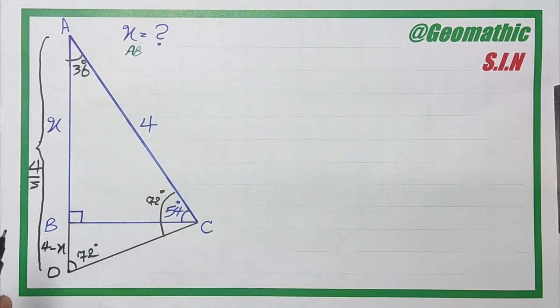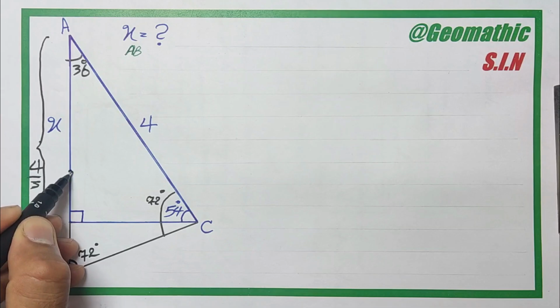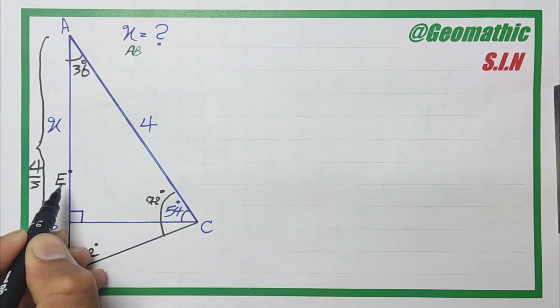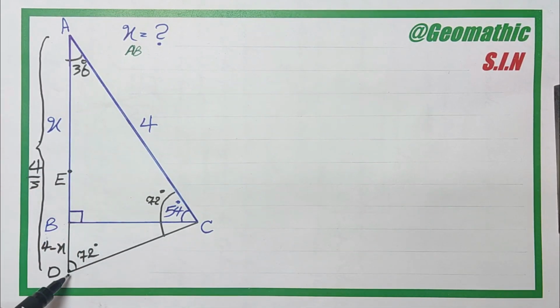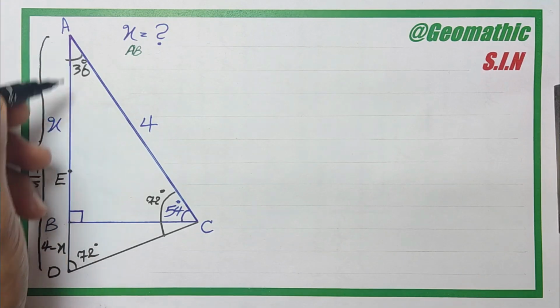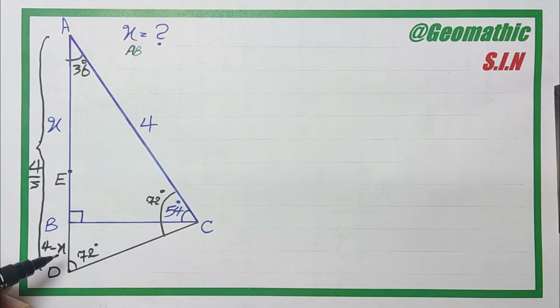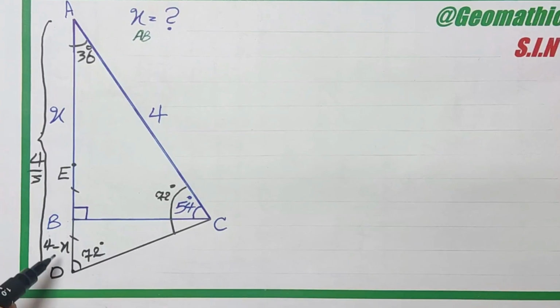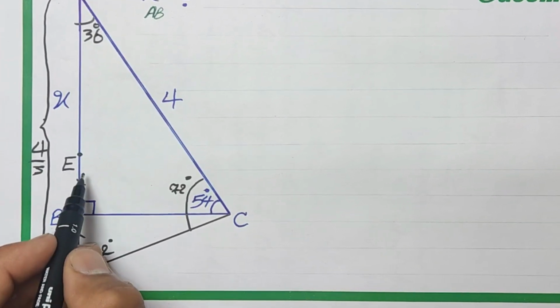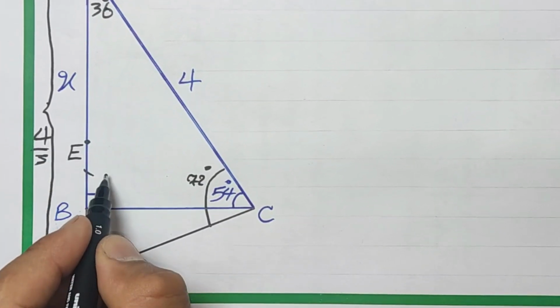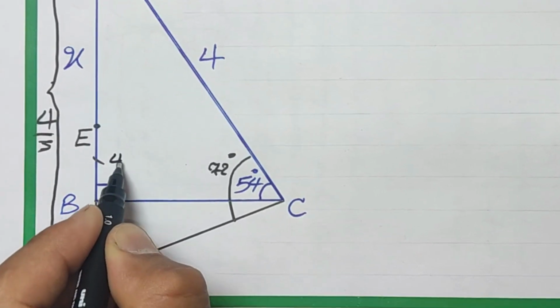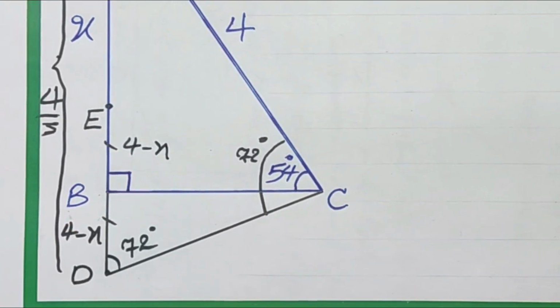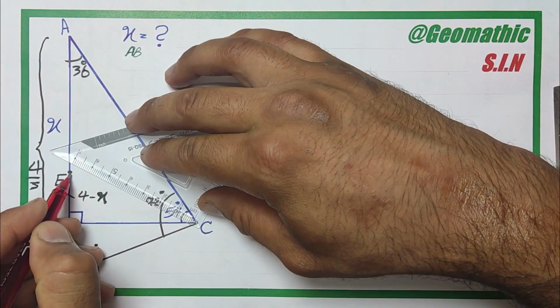Second step, imagine point E is the reflection of point D on the baseline. Then EB equals BD. So if BD equals 4 minus x, then EB should also be 4 minus x. Now connect C to E.